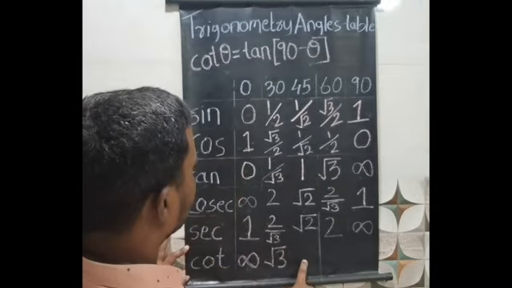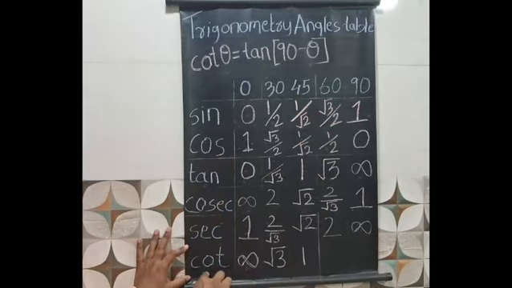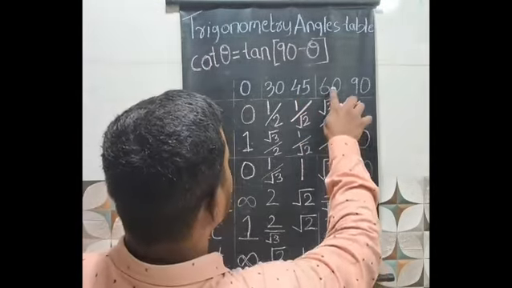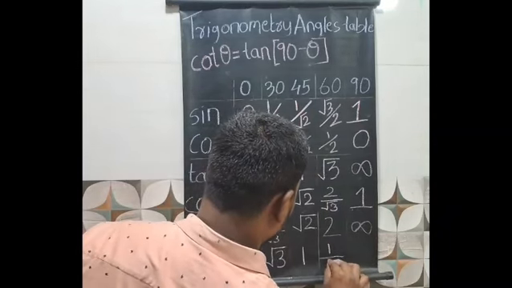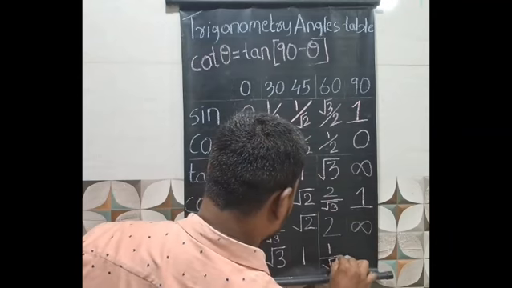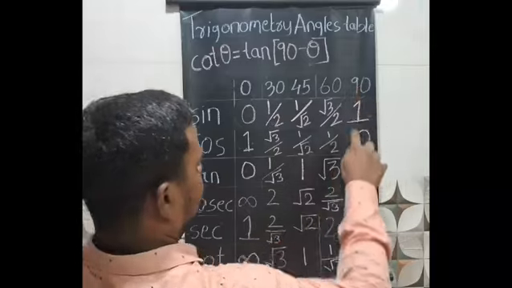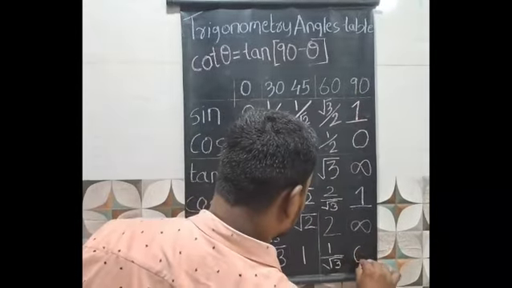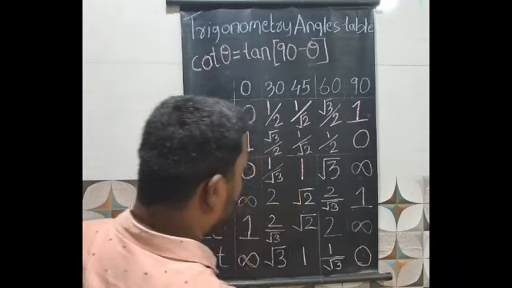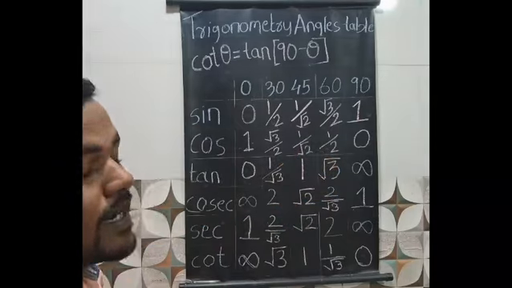Cot 45 is the same as tan 45, which is 1. Cot 60 is the same as tan 30, which will be 1 upon root 3. And the last, cot 90, is the same as tan 0, which is 0. So these are all the trigonometric ratios, the angles, and their respective values.